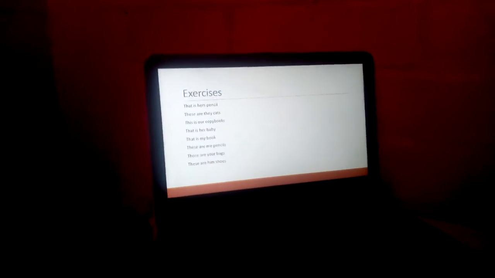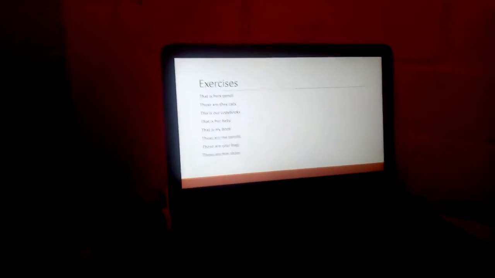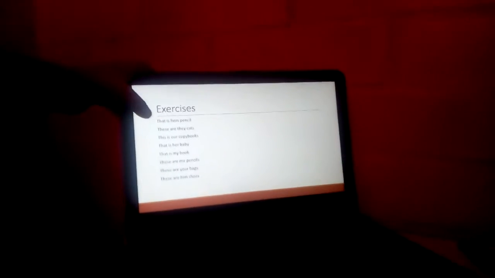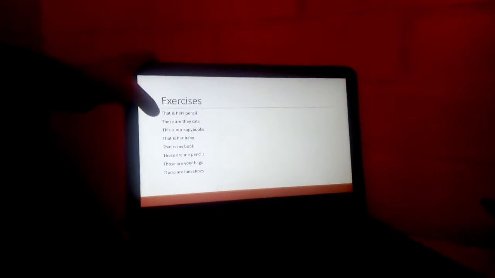Do you notice something strange about the sentences? Those are the examples. Okay, the first one. Is it correct or not?